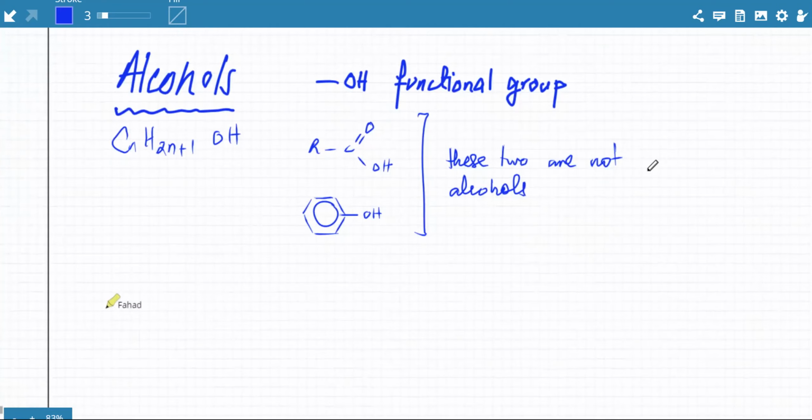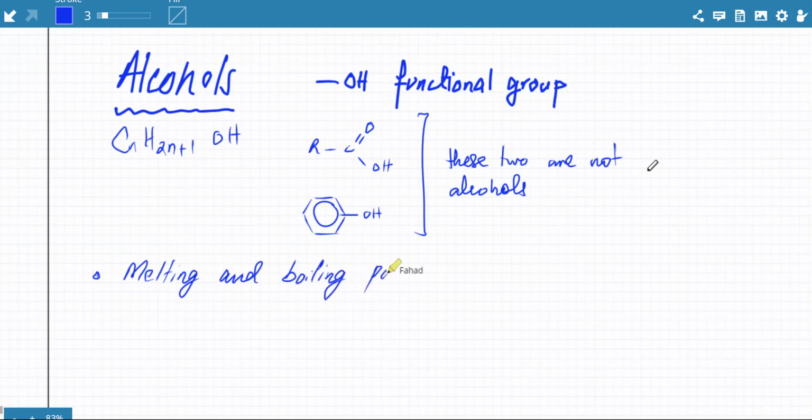First thing is that melting and boiling points are relatively higher. Why are they higher? Because the molecule has OH in it.